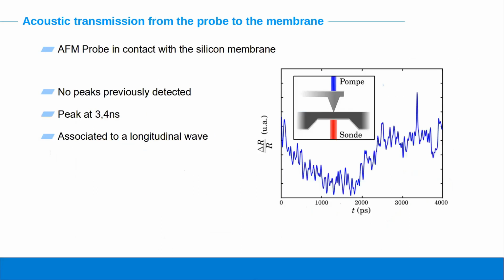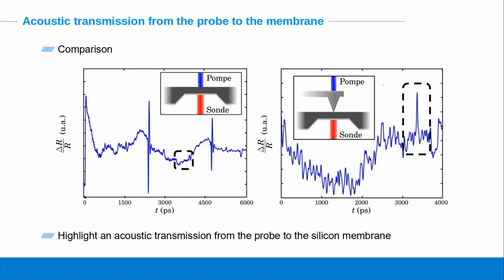And now when you put the AFM probe in contact, with the pump beam focalizing at the AFM probe, generating waves in the probe, and the laser probe on the other side of the silicon membrane, you don't see those kinds of structures anymore, but you can detect an important peak that can be associated with the longitudinal wave coming from the AFM probe into the silicon membrane. And so this is a component that was not detected in the previous geometry.